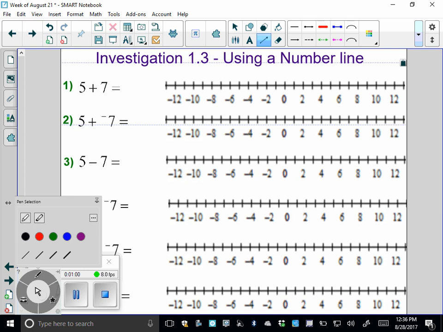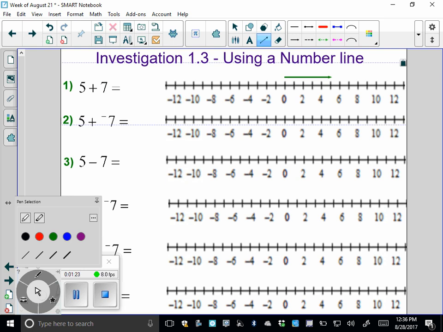It was just doing something we were already comfortable with, like 5 plus 7. And I always ask you to start at 0 and then point to the first number. So I'm going to point to 5. And then I'm going to look at the second part.